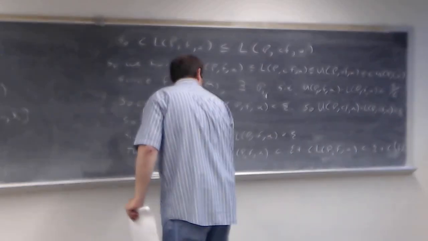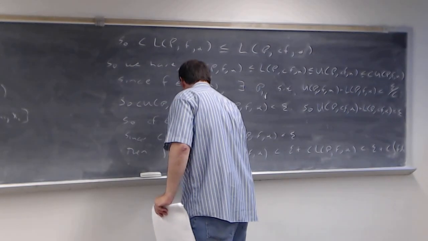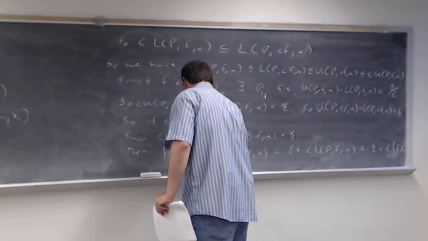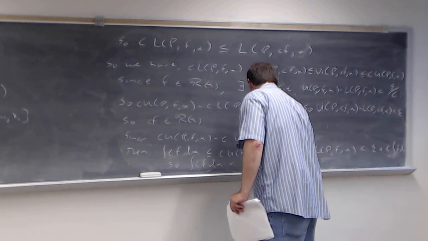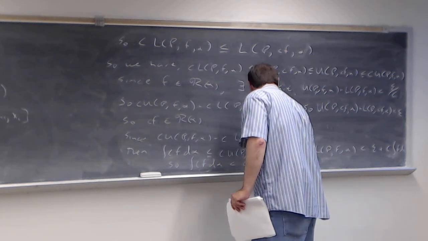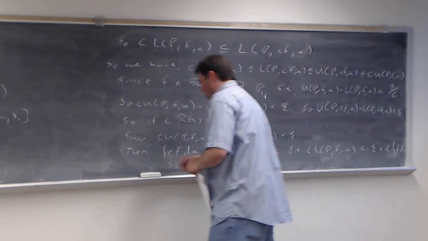So, again, epsilon is arbitrary, so we have that the integral of C f d alpha, much like what we did before, is less than or equal to C times the integral of f d alpha.